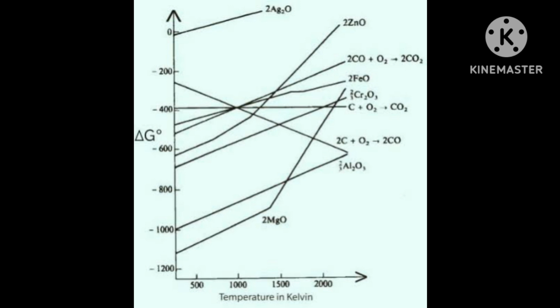MX gives XM plus CO, carbon monoxide gas. And if we take carbon monoxide as the reducing agent, then MX plus CO gives XM plus CO2, correct?